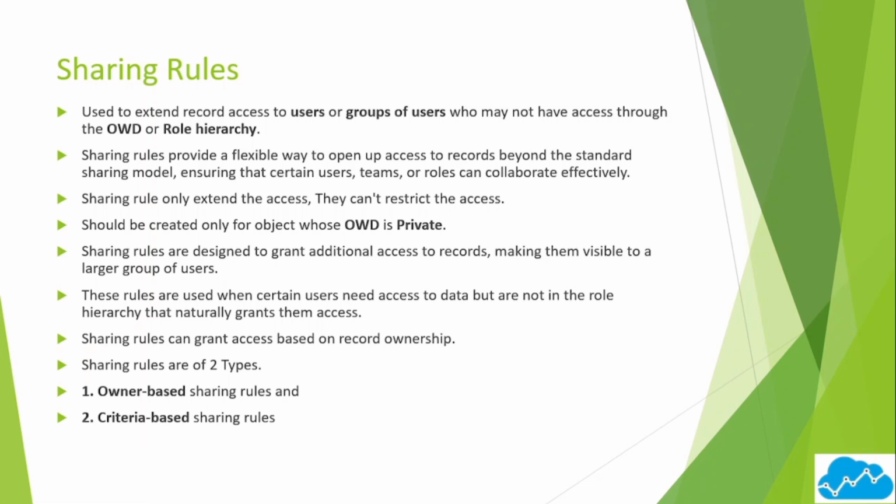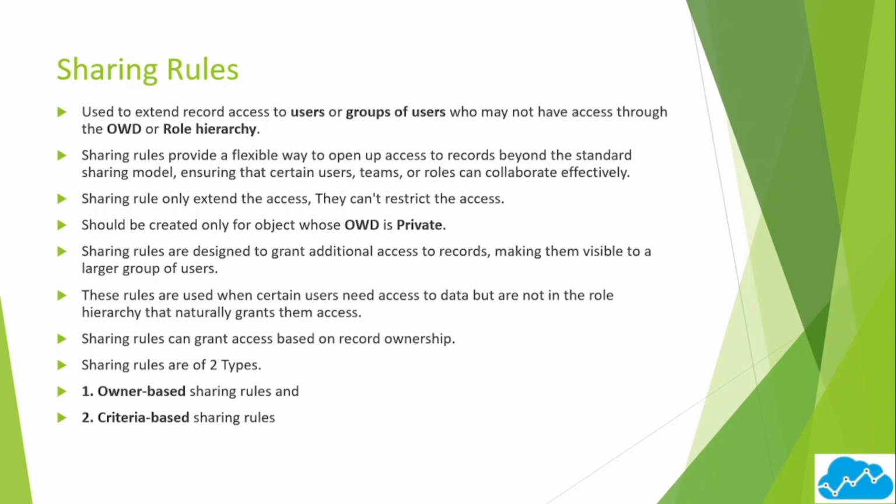So what are sharing rules? They are used to extend record access to users or groups of users who may not have access through the OWD or role hierarchy. If the user or group of users is not getting access by OWD or role hierarchy, in that case we go with sharing rules.